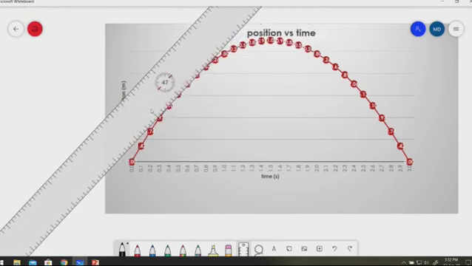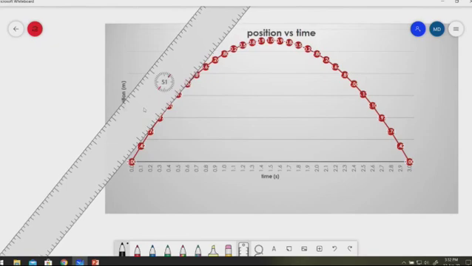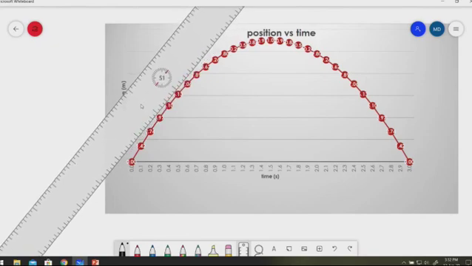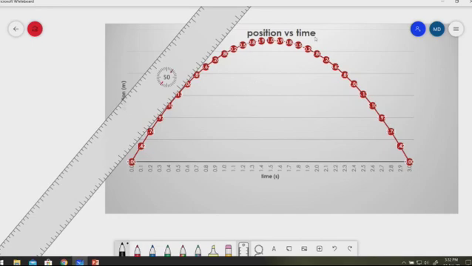But let's just have a look at how we could do this. So guys, if we need to get a velocity from a position time graph, we need to calculate the gradient.